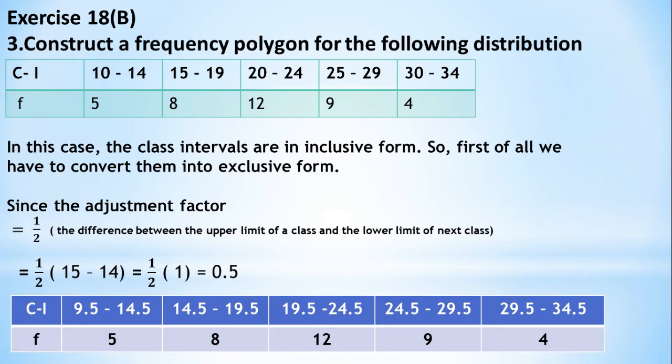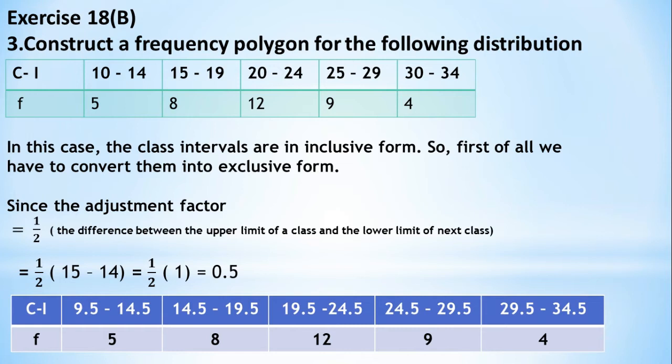If the given frequency distribution is in inclusive form, to convert it into exclusive form, first we need to find the difference between the upper limit and the lower limit of the next class, any two consecutive upper and lower limits. Its difference should be divided by 2. In this case, it is 0.5. So, subtract 0.5 from the lower limit and add 0.5 to the upper limit.